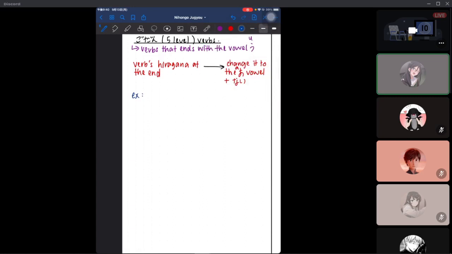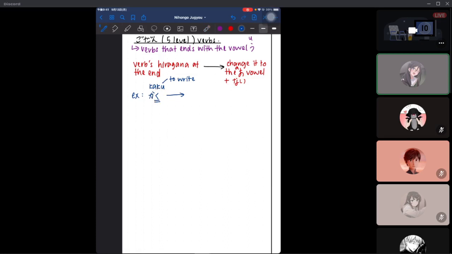So the first example would be kaku. Kaku means to write. So you see the end hiragana is ku, which is a hiragana that ends with a vowel u. So basically you just change this hiragana into the A vowel and plus nai.